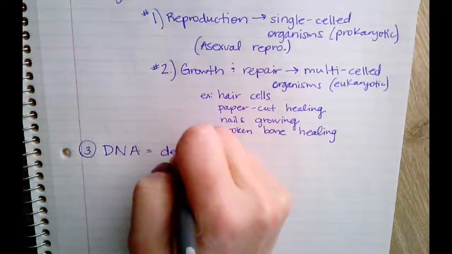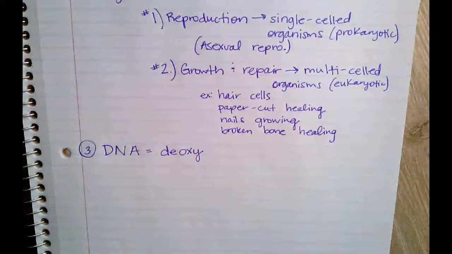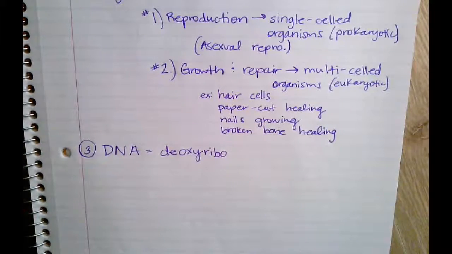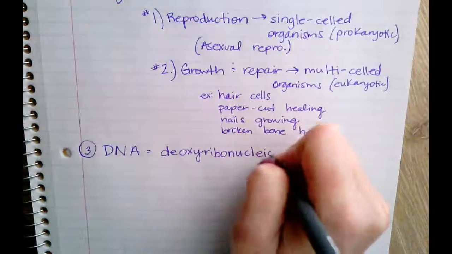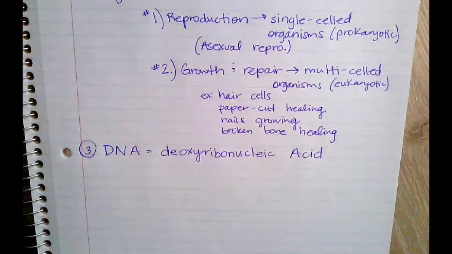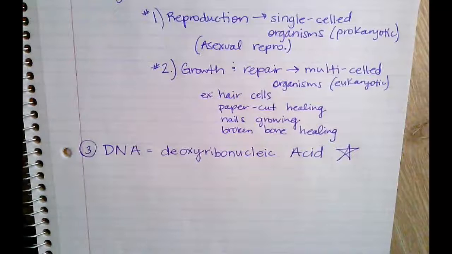So I'm going to spell it first. D-E-O-X-Y-R-I-B-O-N-U-C-L-E-I-C, and then the word acid. Deoxyribonucleic acid. So this is really important. You will probably see this on a quiz coming up.